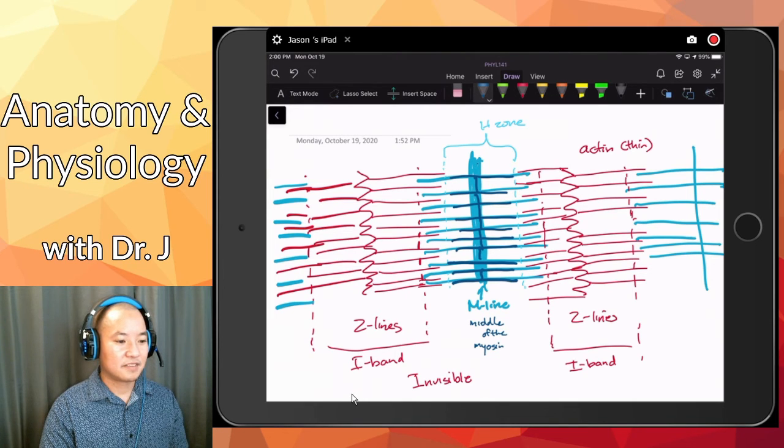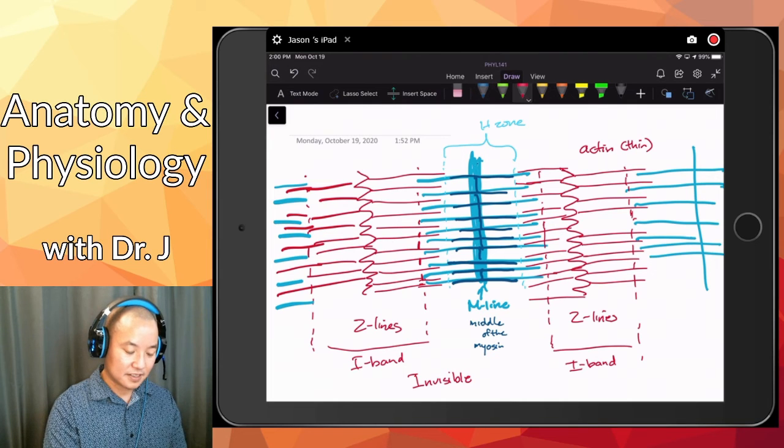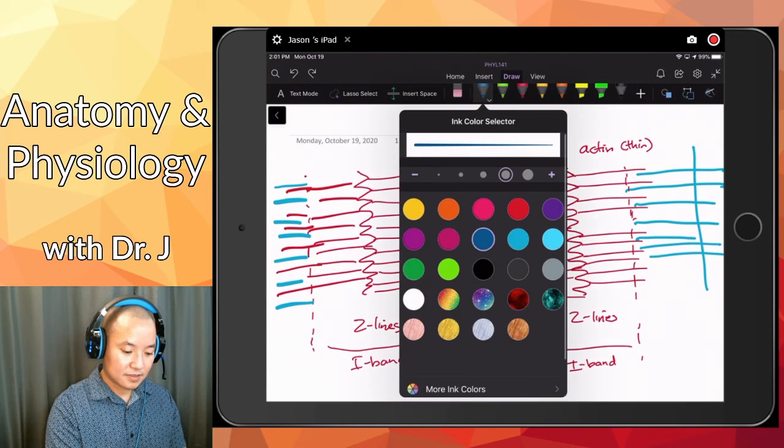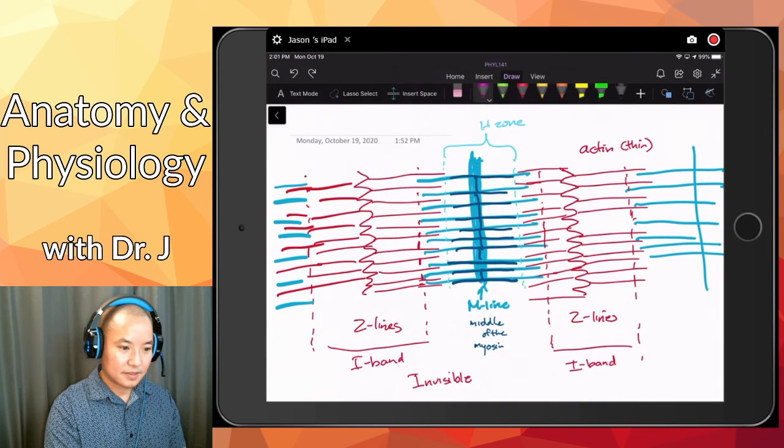And then we have this part right here. Now we have something that is actually larger than the H zone. Let me see. Let's draw. So we have something overlapping between here and here.